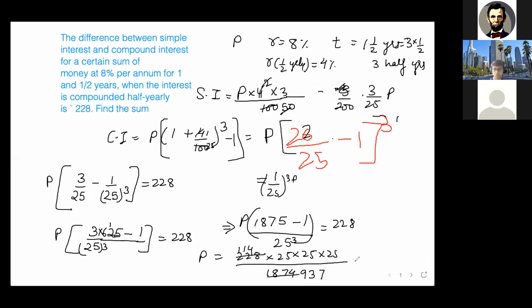Otherwise, there is a calculation mistake. Okay, this way only you have to do. Is it clear, Muazzam, Mudabbir?